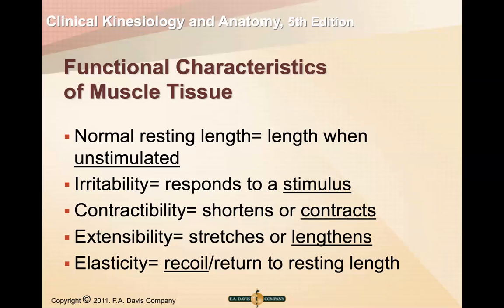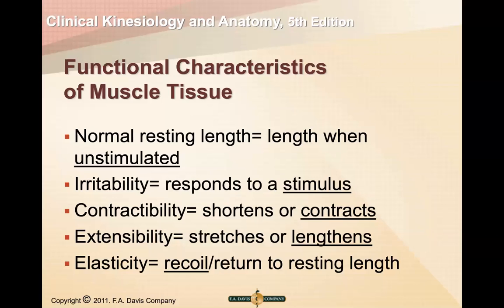Actually, even at rest, and even when we're asleep and unconscious, and unconscious sleeping is different than an unconscious coma, our muscles have a little bit of electrical activity going to them. And that's what keeps our muscle tone. That's what we call our muscle tone, and that's what gives us our normal resting length, okay?